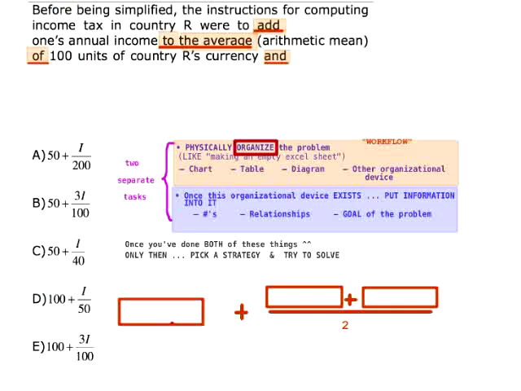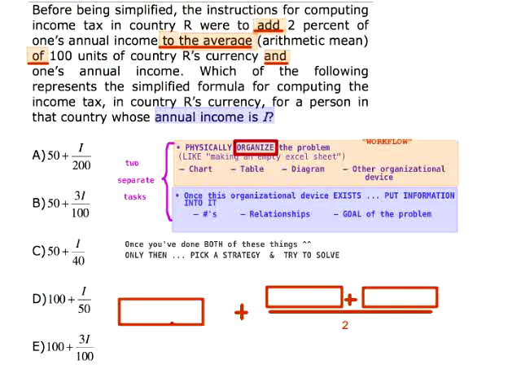That's the point, though. If there's different layers of stuff, don't pay attention to more than one layer at a time. Okay. So 2% of one's annual income is 2% of I. Should probably do it as fractions, because these are fractions, not decimals.